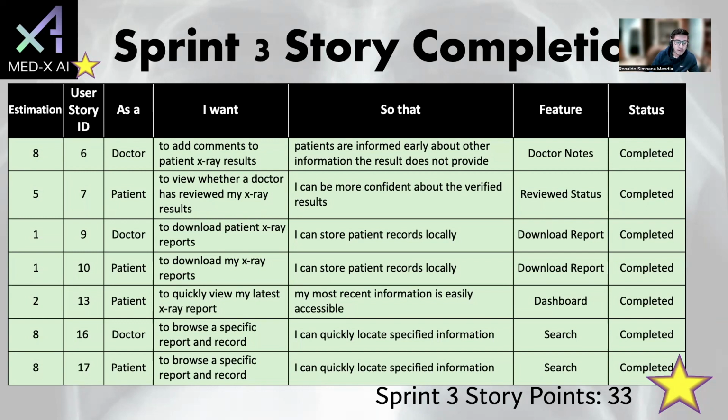You will notice that there is a star on the user story ID, and this was added based on professor's feedback. At the bottom, the total story points for this sprint is 33. You get that by adding all of the estimation numbers from the estimation column. Next slide, please.